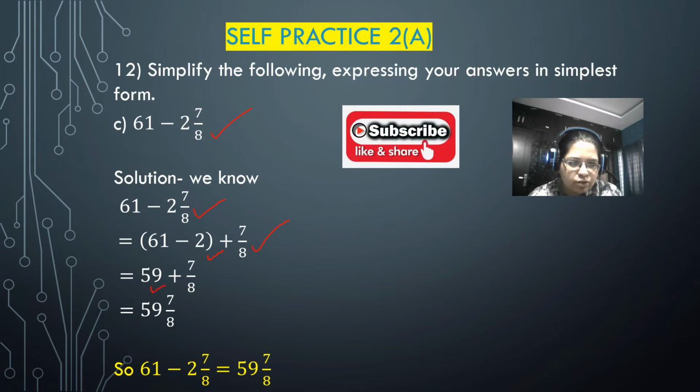So we get 59 and 7 by 8. So 61 minus 2 and 7 by 8 equals 59 and 7 by 8.